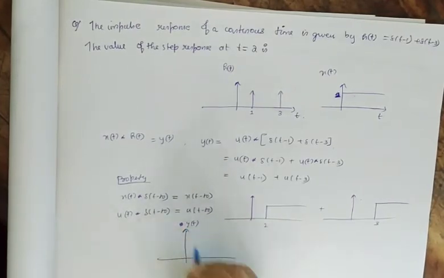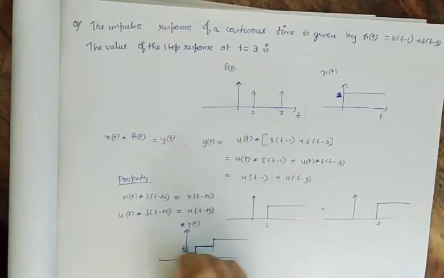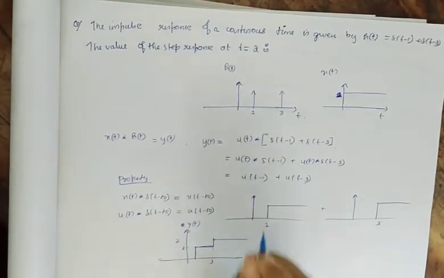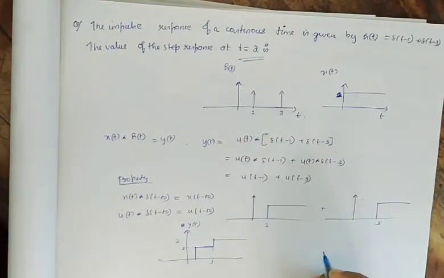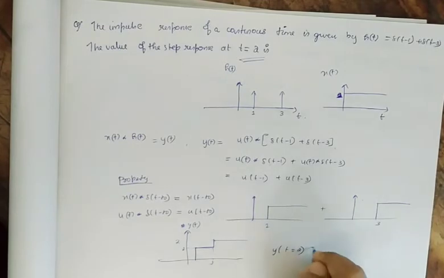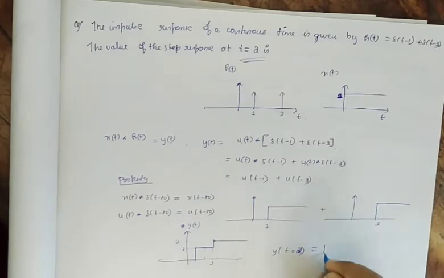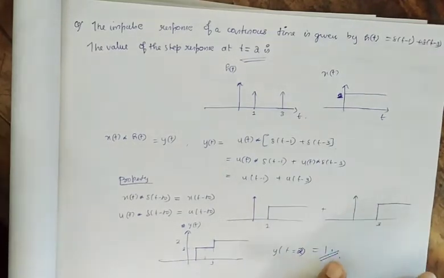That is our y of t: it will be 1 up to 3, and from 3 it will be 2. The question asks for the value at t is equal to 2. That is 1 only. Okay, this is the first question.